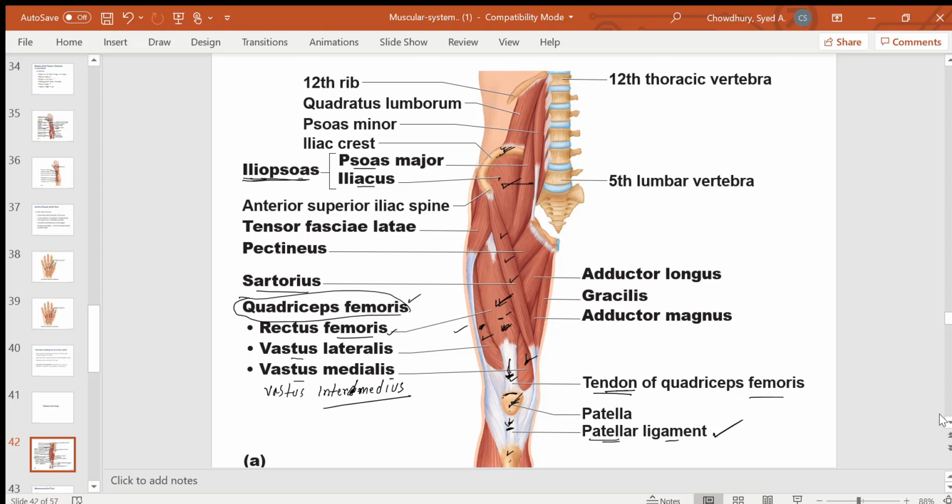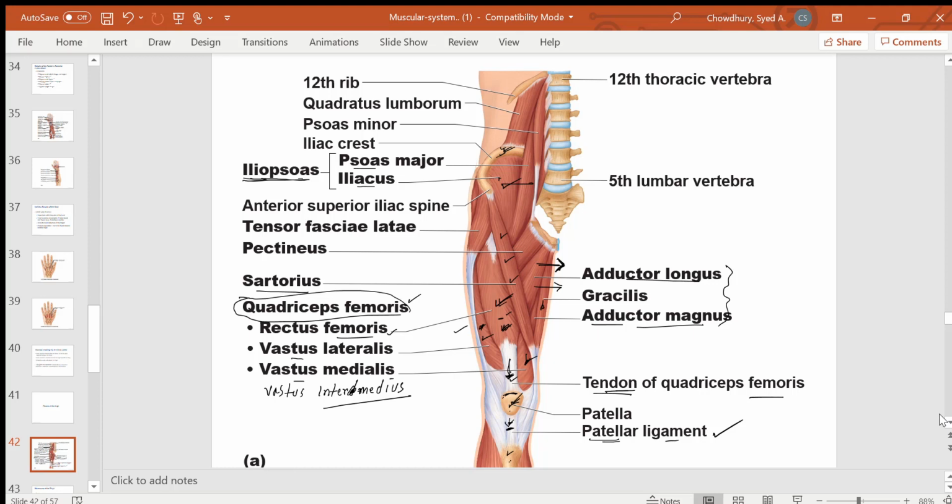Adductor muscle causes adduction, moves towards the body, okay, medially, because they are located on this side and they will move towards them. Make sense? So adductor longus, adductor magnus, and then gracilis is also in the medial aspect of the thigh. So those muscles do what? Do adduction, move towards them. Okay.